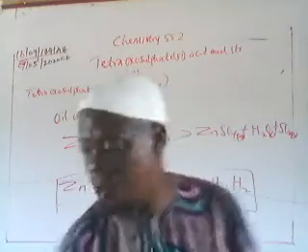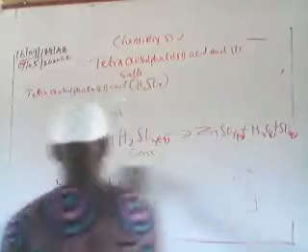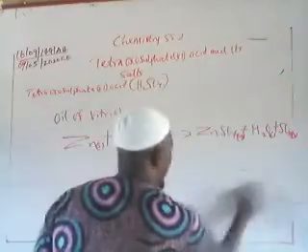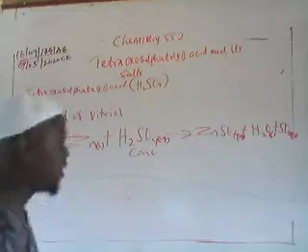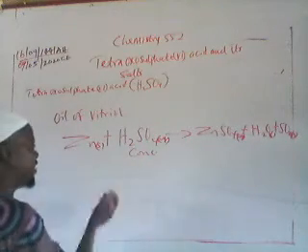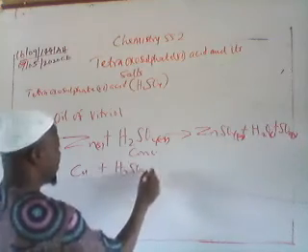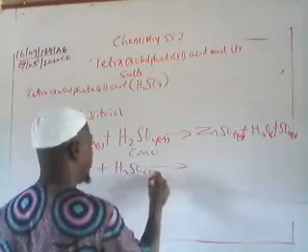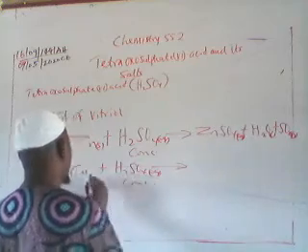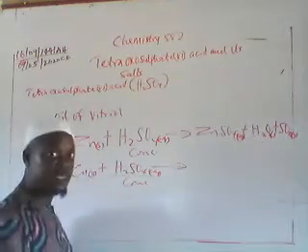Similar reactions are undergone when copper reacts with the acid. In that case too, it's reacting as an oxidizing agent. When you have copper and concentrated tetraoxosulphate(VI) acid, definitely copper cannot react with dilute acid.